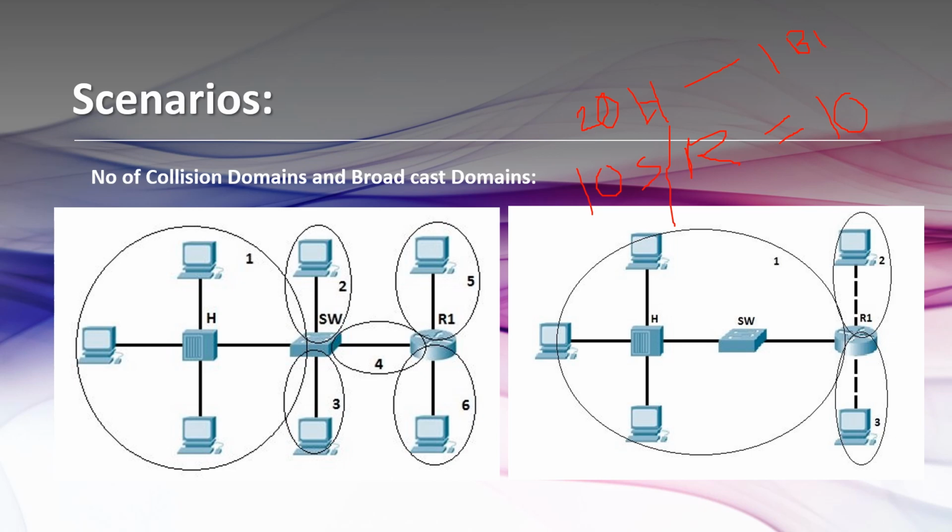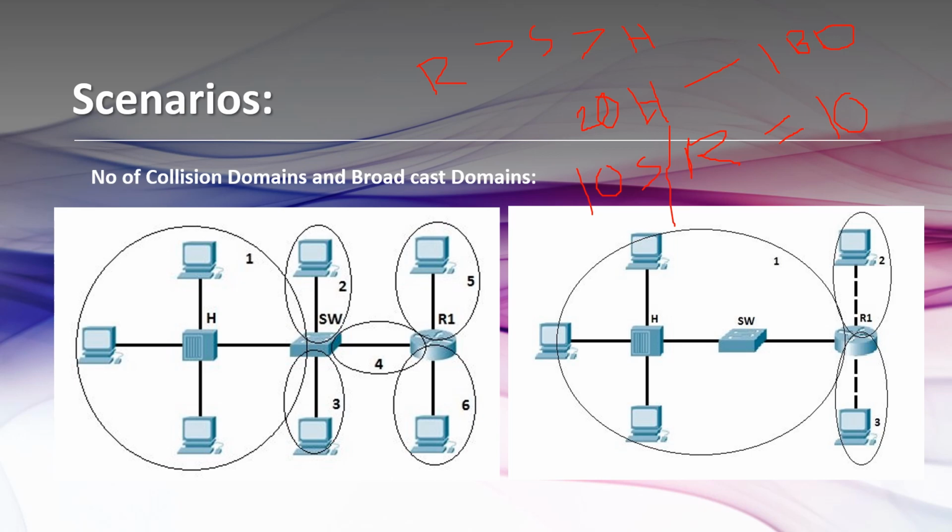Here we have 6 PCs connected together with the hub, switch and router. So let's find the collision domain. Always, router is greater than switch, and switch is greater than hub, according to the domains. Consider this logic and it will be easier to identify the collision and broadcast domains on the network.